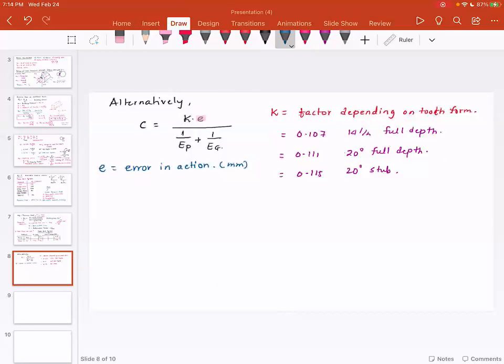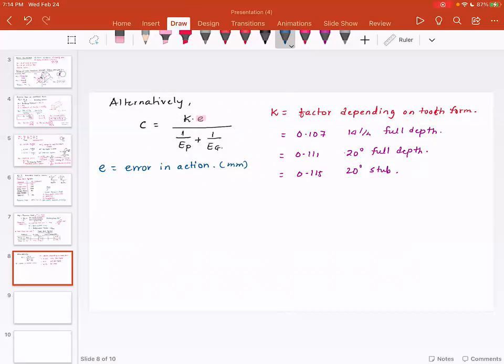Also, depending upon whether we are cutting small gears or large gears, this error in action is also dependent. For example, for a small gear, error in action is less.